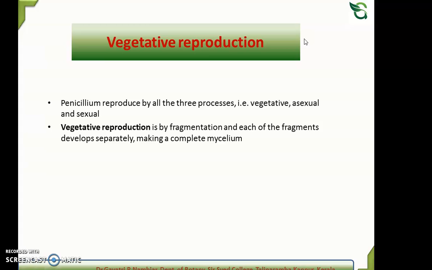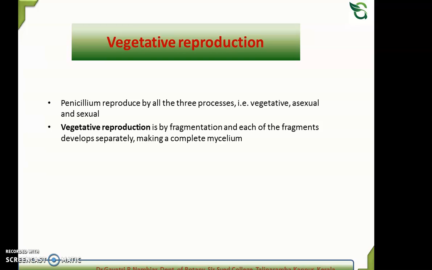Now, reproduction. Penicillium reproduces by vegetative reproduction, asexual reproduction and sexual reproduction. First one is vegetative reproduction. It is by means of fragmentation.